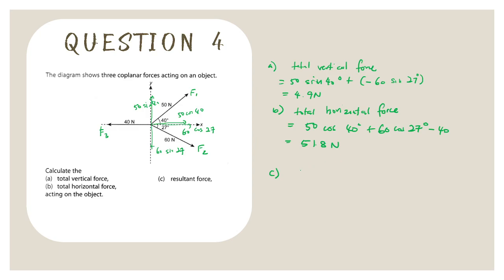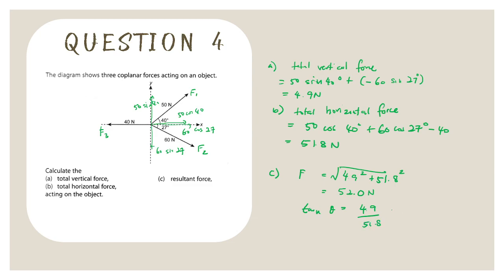Okay, so now the resultant force, you can use Pythagoras theorem. Okay, F equals square root of 4.9 squared plus 51.8 squared, equals 52.0 Newton, and tangent theta is equal to 4.9, y over x, 51.8.